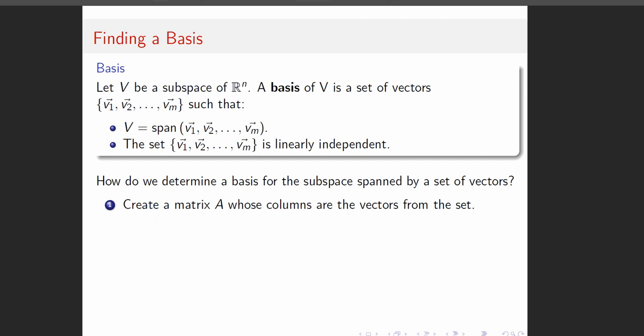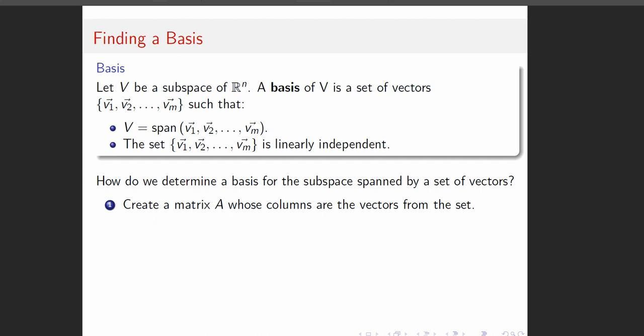Okay, so if we have a set of vectors and we want to determine a basis for it, what do we do? Well, the first thing we do is we create a matrix whose columns are the vectors from that set. All right.